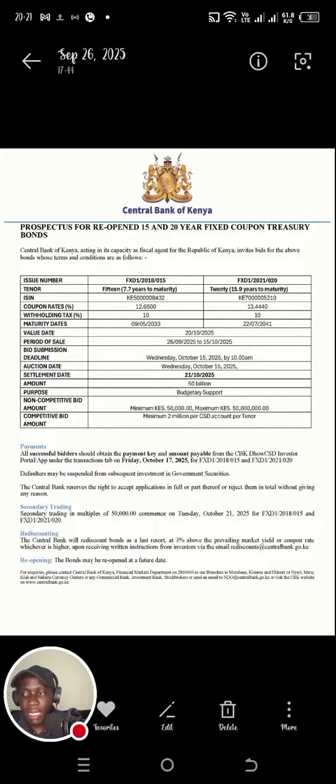So after every 6 months, you'll be expecting 6,049 shillings for the next how many years? 15 years. So that is the kind of figures that we are talking about. Remember, it is a low risk, so you can't expect returns like those of equities from treasury bonds, because the risk levels are different, and so the return levels have to be different.